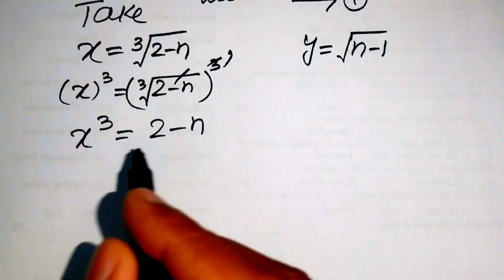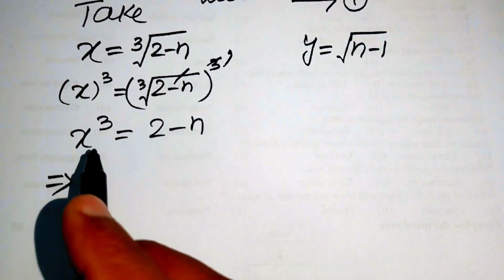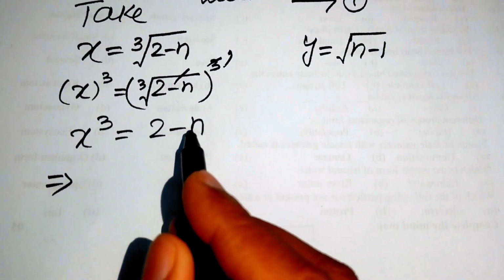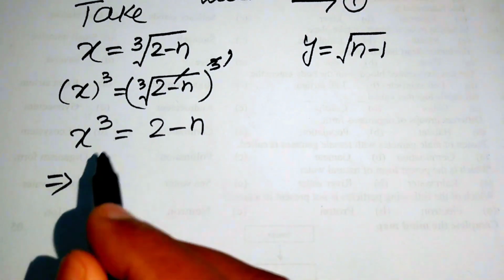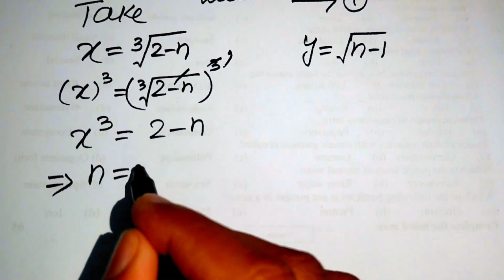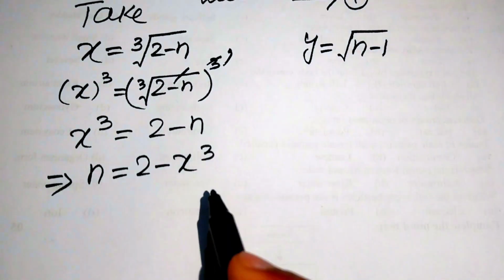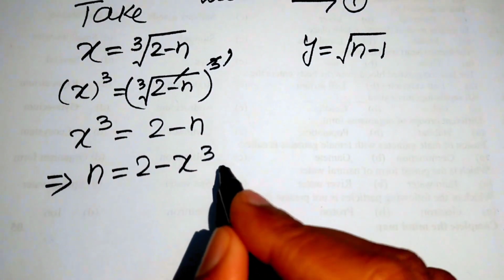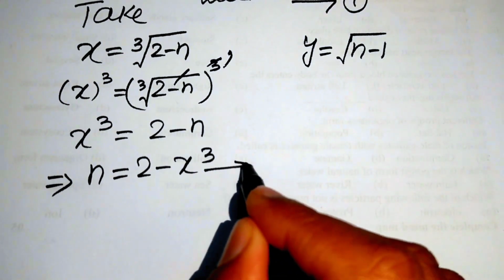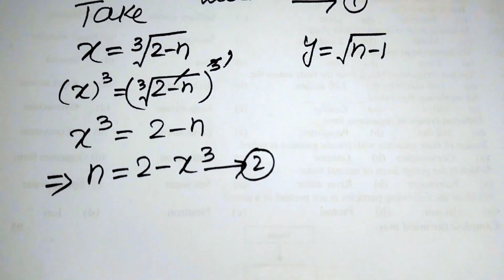And here we find the value of n, so we move this x cubed to the right hand side and minus n to the left hand side, and we get n equals to 2 minus x cubed, and we call this equation number 2.